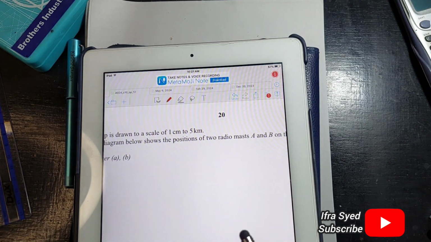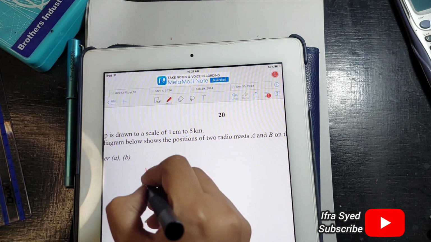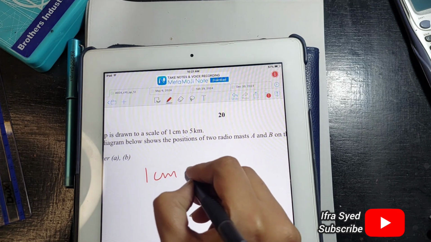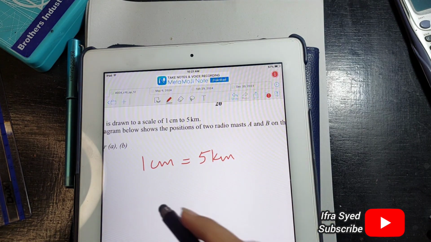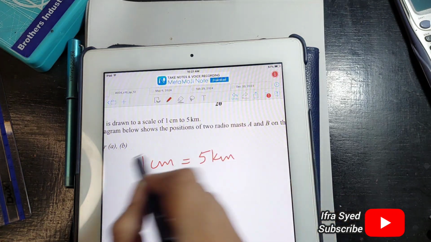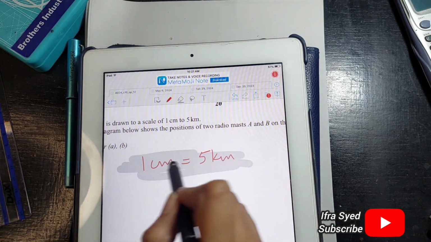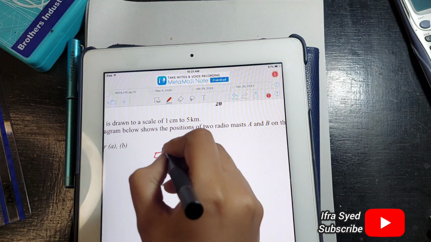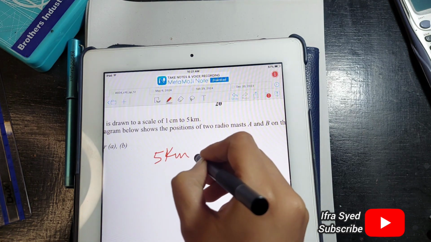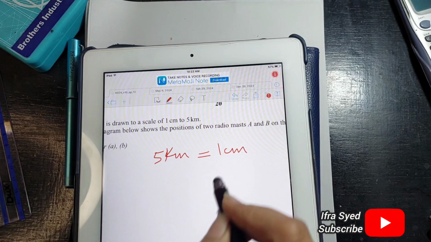In the scale, it is written that 1 centimeter is equal to 5 kilometers, and we can also write it as 5 kilometers is equal to 1 centimeter on the map.